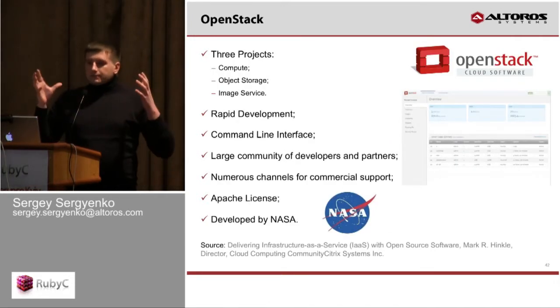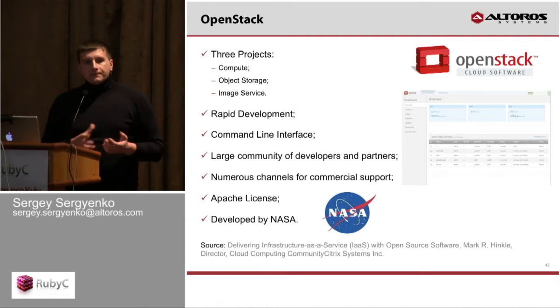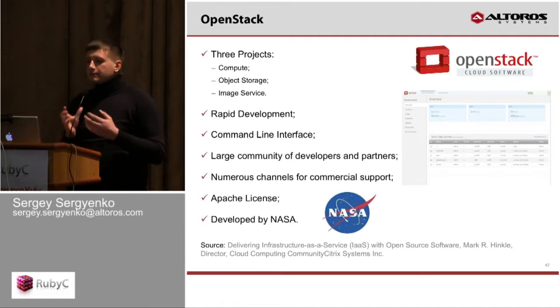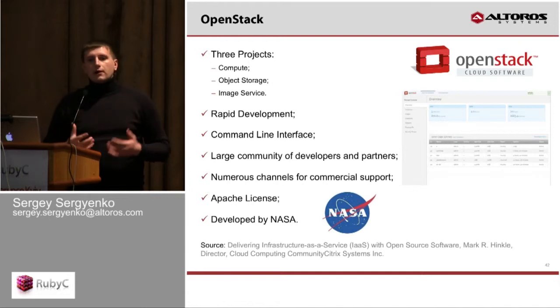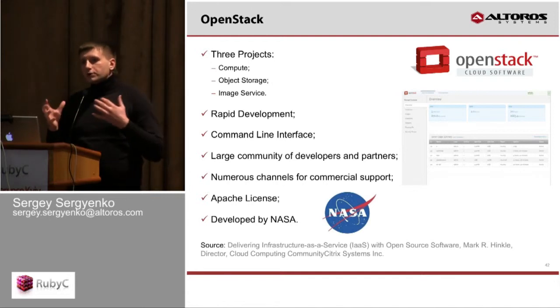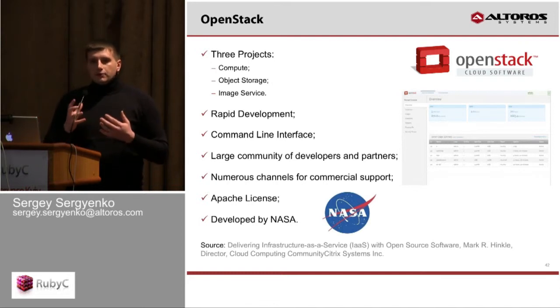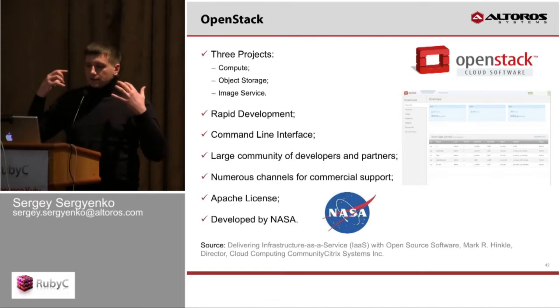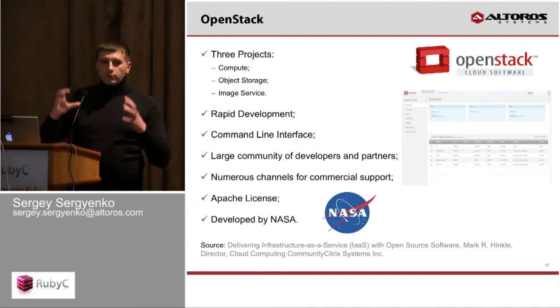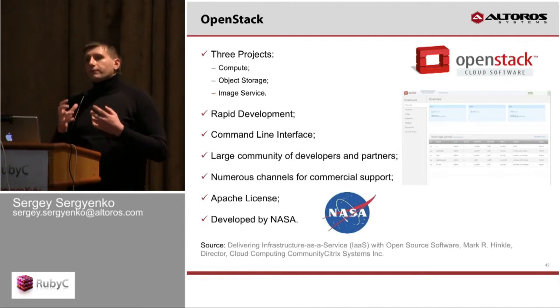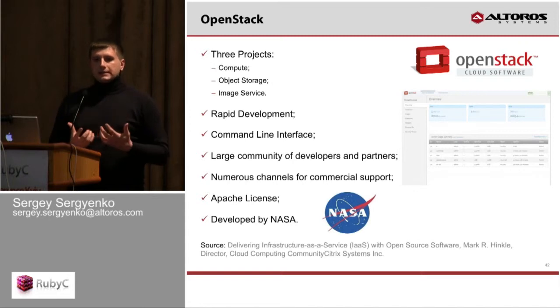The other big fish, I believe you know what that is. It's OpenStack, developed by NASA. If you want to create your own private cloud or a hybrid cloud, you can use OpenStack. It provides options to manage your clouds in one way, but the problem with OpenStack is that it uses only Rackspace.